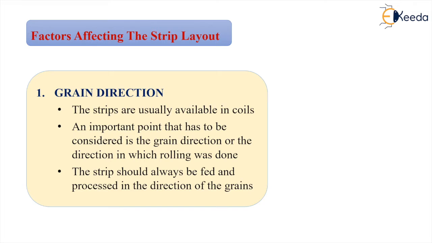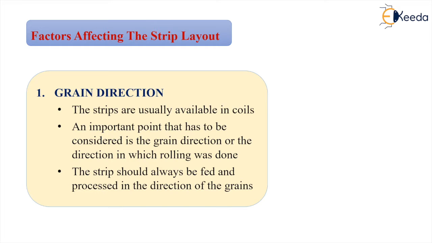Okay, so what are the factors affecting the strip layout? Number one, the grain direction. The strips are usually available in coils. An important point to be considered is the grain direction, or the direction in which the rolling was done for the sheet.